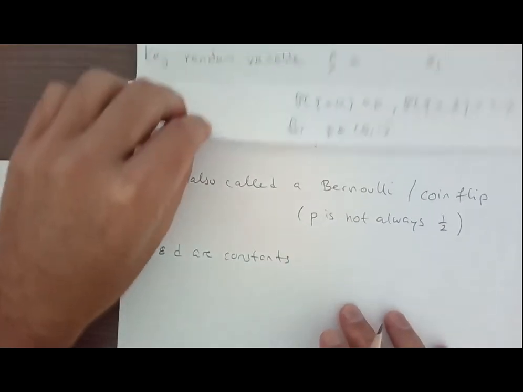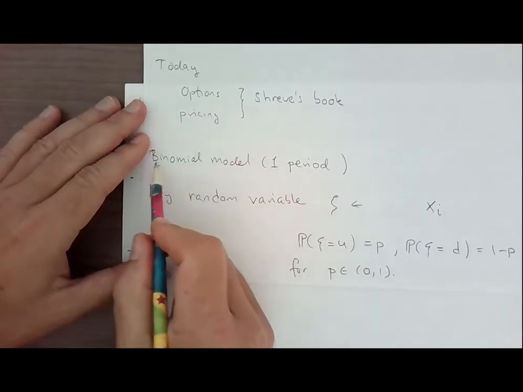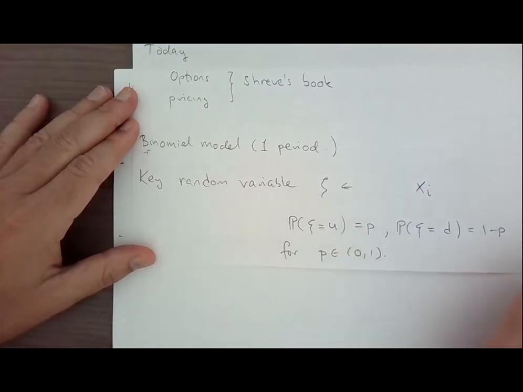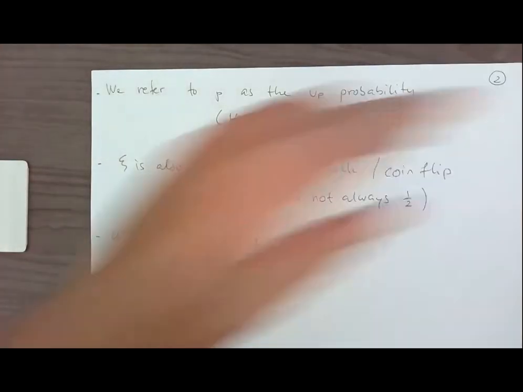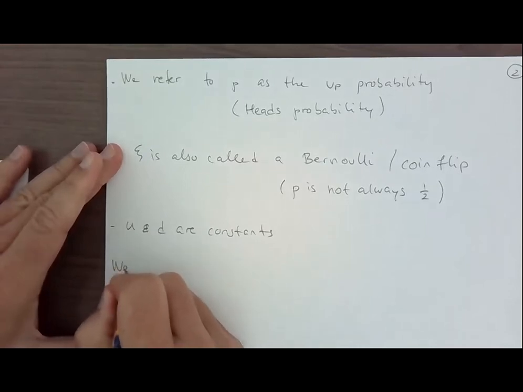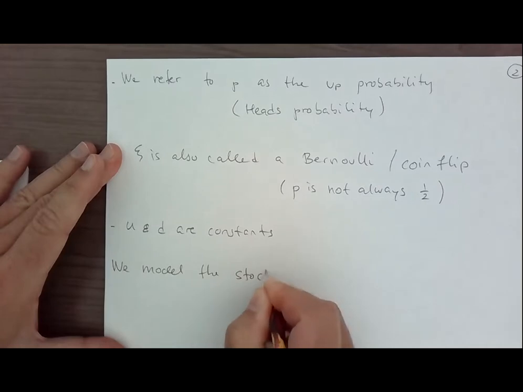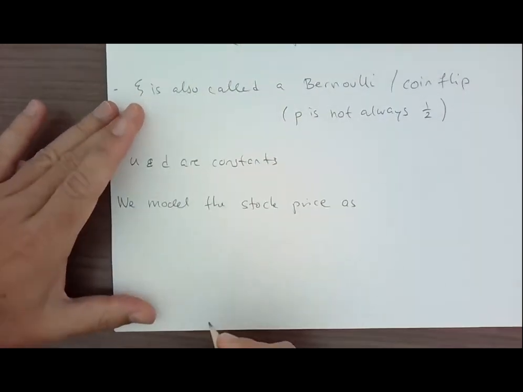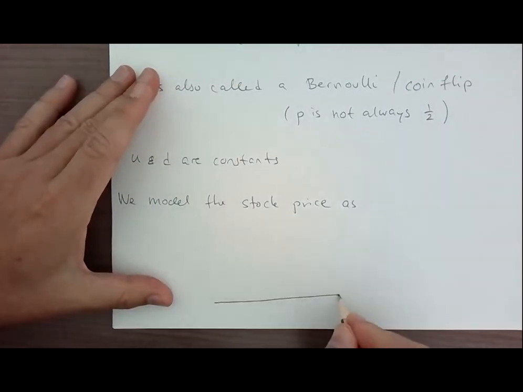Okay, so how do we create the binomial model? Again, the word binomial comes from the fact that there are two possibilities of psi. It can either be u or it can be d. Well, so then our stock model. So we model the stock price as a tree. So we have time down here on the x-axis.